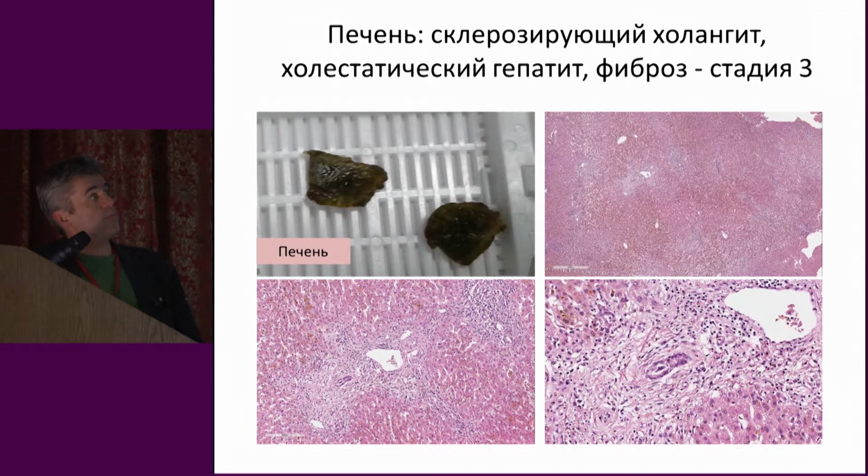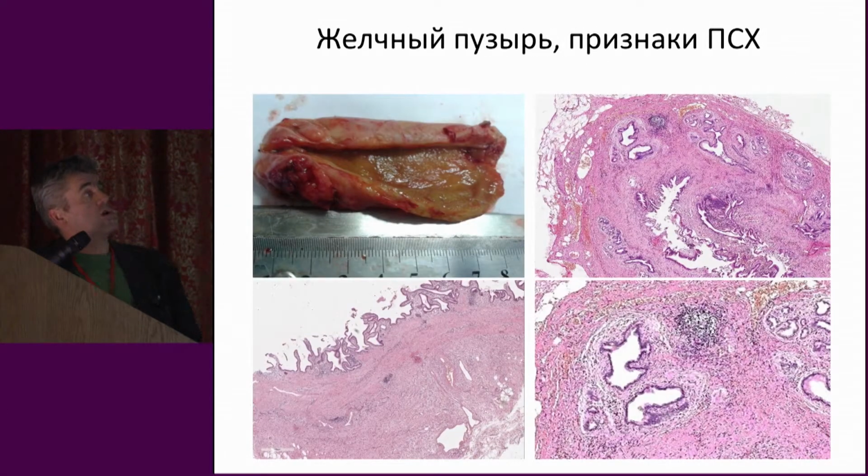During the surgery, they did a liver biopsy, which showed a cholestatic component, at different levels of magnification. On study of the biopsy material, we found there is sclerosing cholangitis with quite considerable inflammatory and desmoplastic components around bile ducts. That's why we considered that we should study the removed gallbladder.